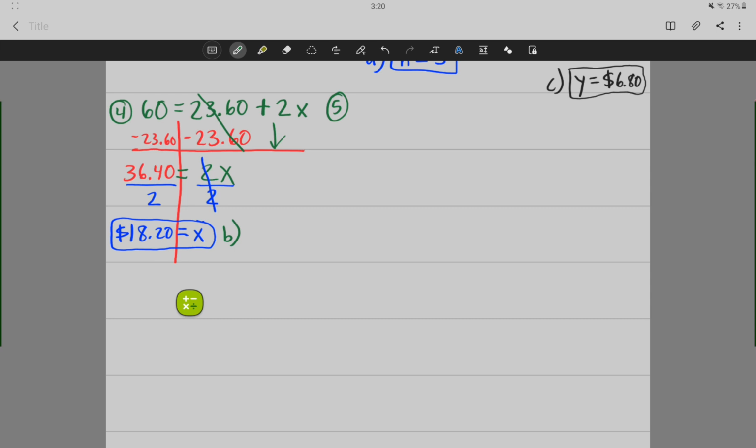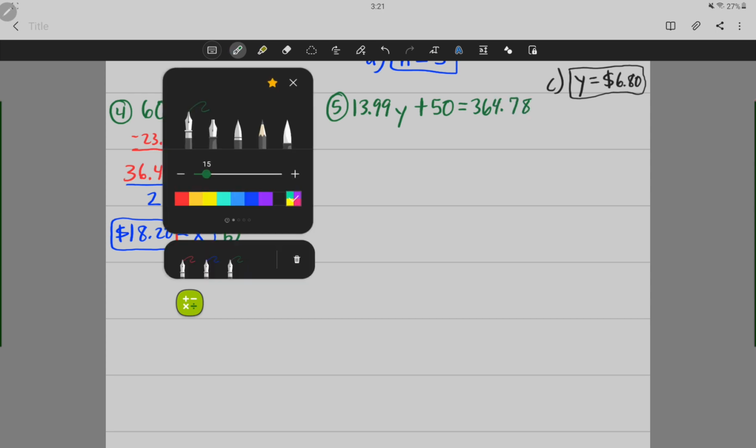If a customer paid $364.78, approximately how many square yards of carpet were purchased? All right, so we've set up our equation.